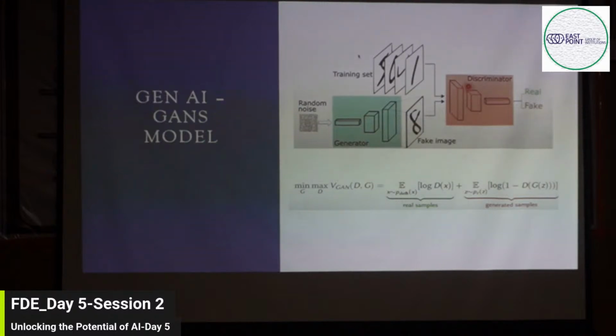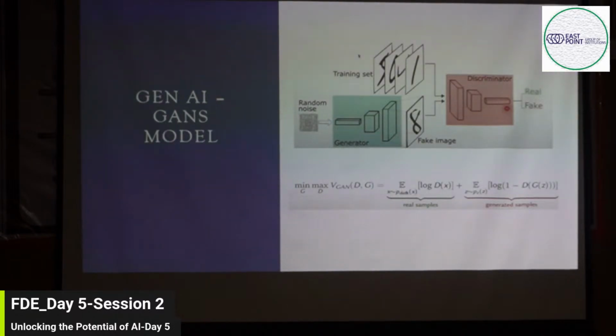And this discriminator's job is to tell whether the input given to it is fake or real. So here is a training set that has real data. I feed 100 faces through this training set, and the training set goes into the discriminator. I am trying to fool the discriminator by sending a fake image here, and the discriminator has to tell me whether this is a real image or a fake.